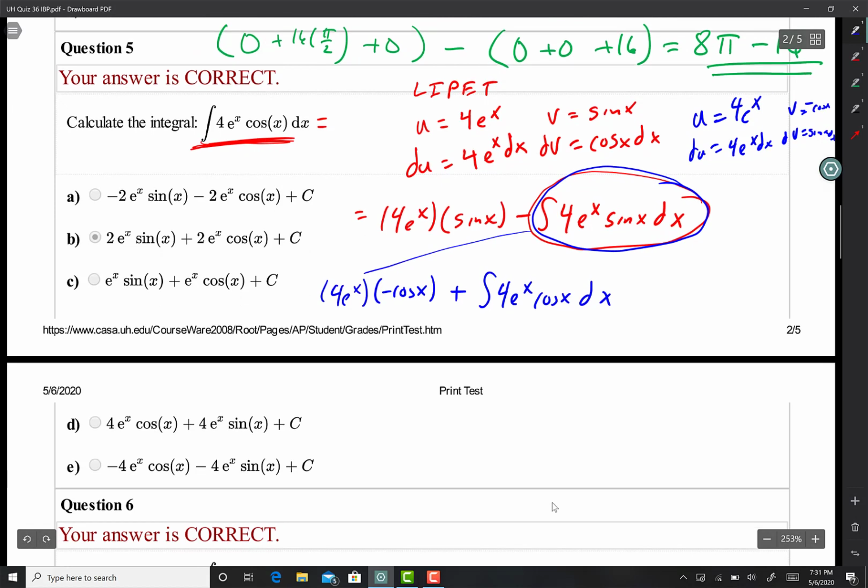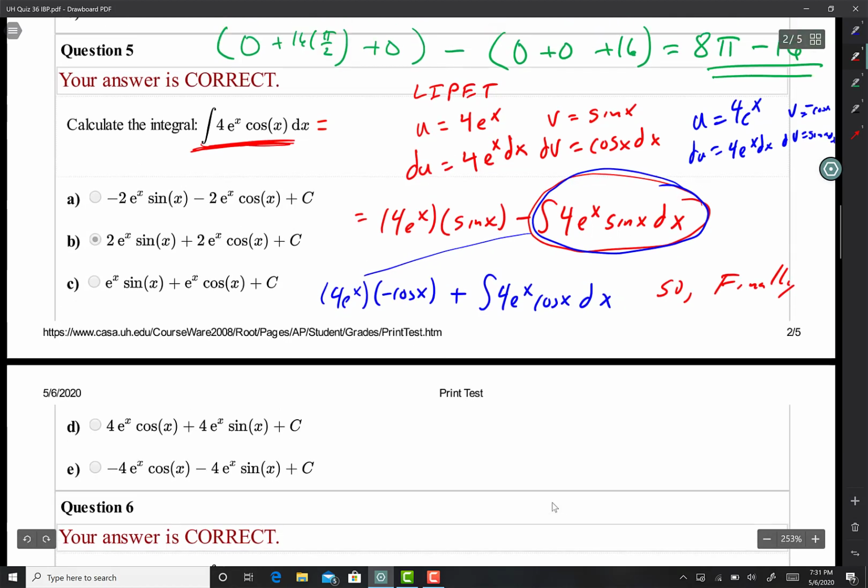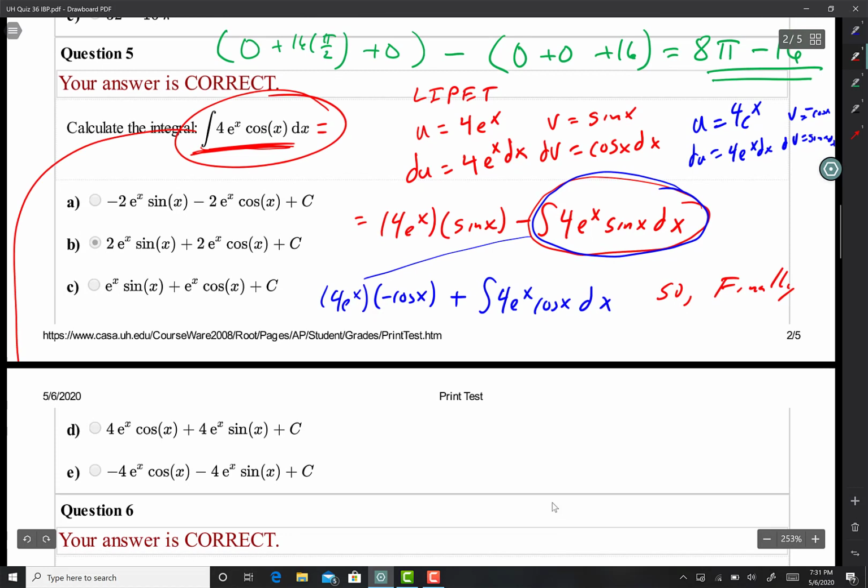So finally, here's what I have. I'm going to start way over here on the left-hand side. Integral 4e to the x cosine x dx equals, well, what does it equal? It gives me this first one here.